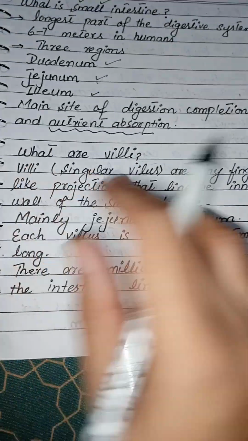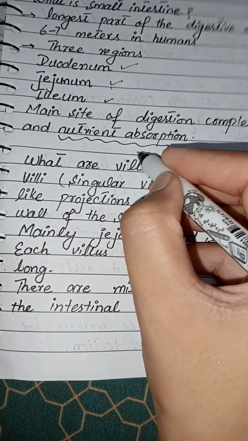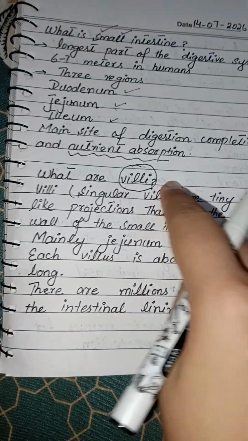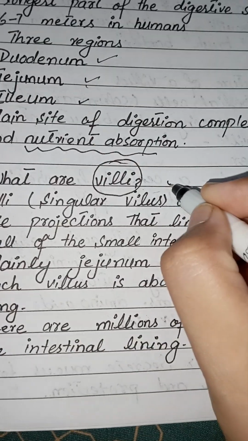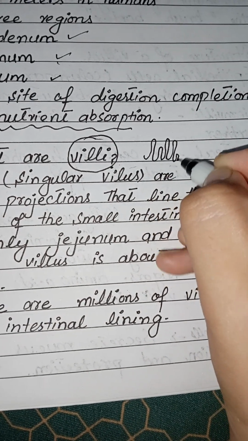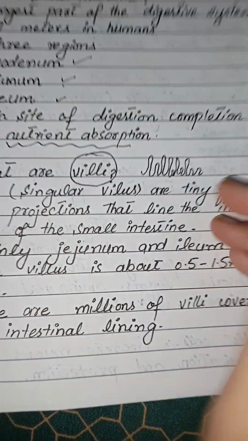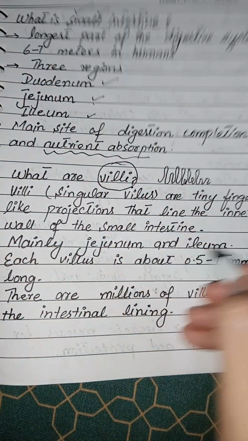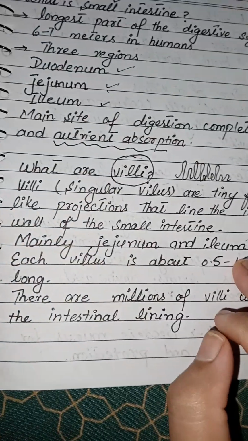In the previous lecture I used a name, villi, singular villus. These are tiny finger-like projections. They look basically like this, finger-like projections that line the inner wall of the small intestine, mainly the jejunum and ileum.